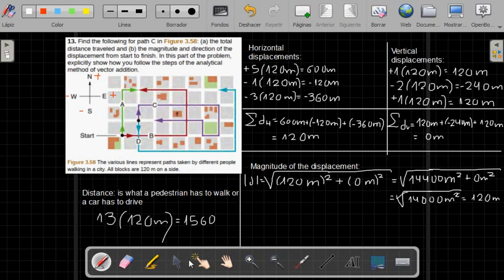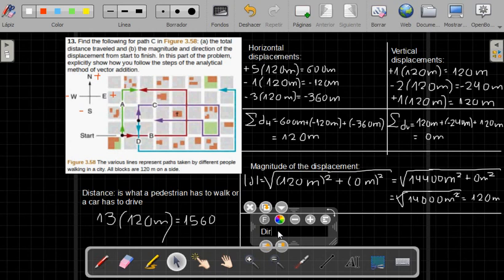Now, it's the time of the direction of the displacement, and that's the last part of this. Okay, direction of the displacement.